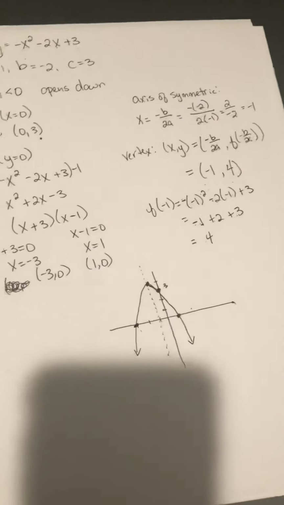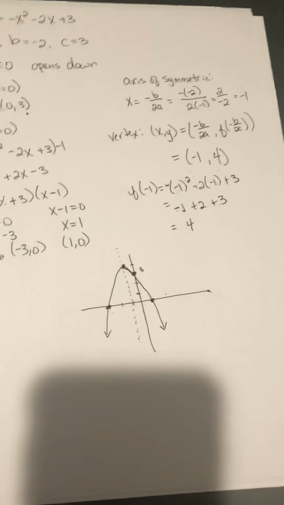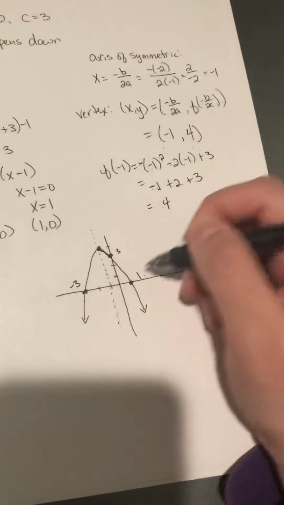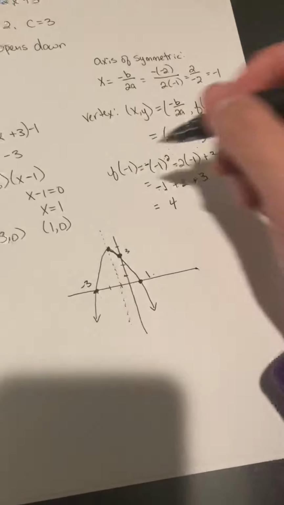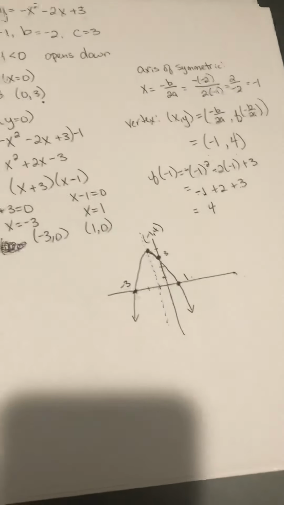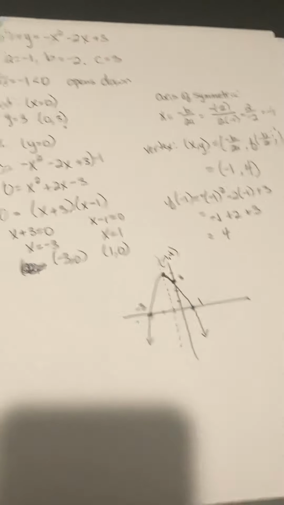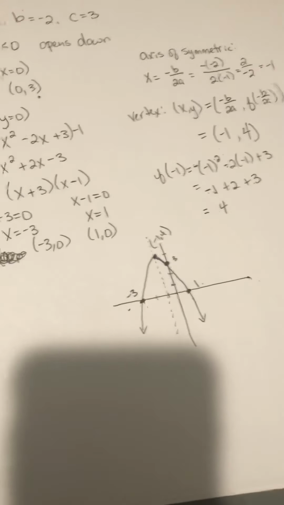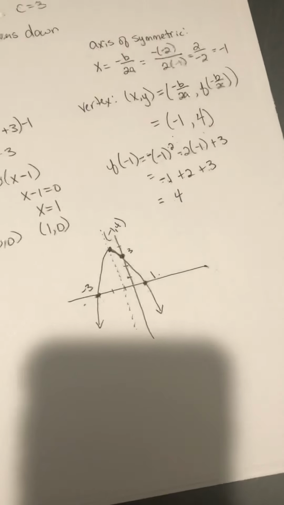And if yours doesn't, that's okay, as long as you have your points correct. And you can label these points if you want to help. This is your vertex, which is negative 1, 4. So the left side should match the right side, but if you're not very good at drawing, kind of like me, then yours probably doesn't, but that's okay.